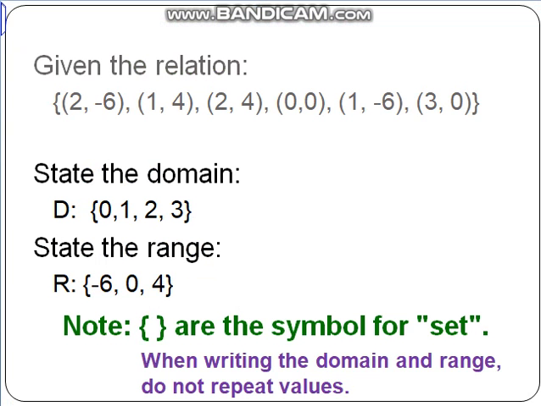For example, given the relation {(2, -6), (1, 4), (2, 4), (0, 0), (1, -6), (3, 0)}, these are the elements or pairs of a set. In this example, if we want to find the domain, then the domain is 0, 1, 2 and 3, and the range is -6, 0 and 4.